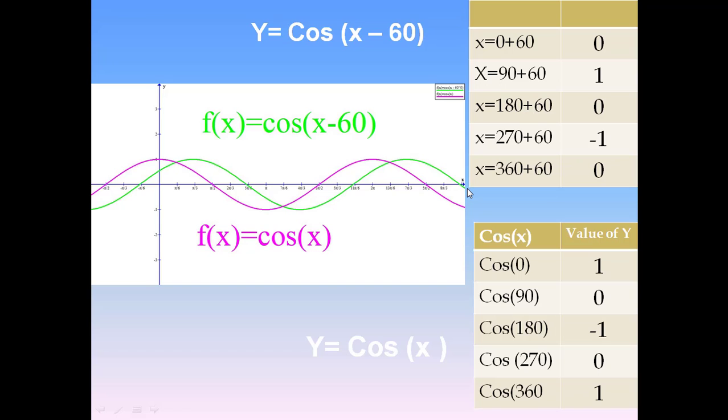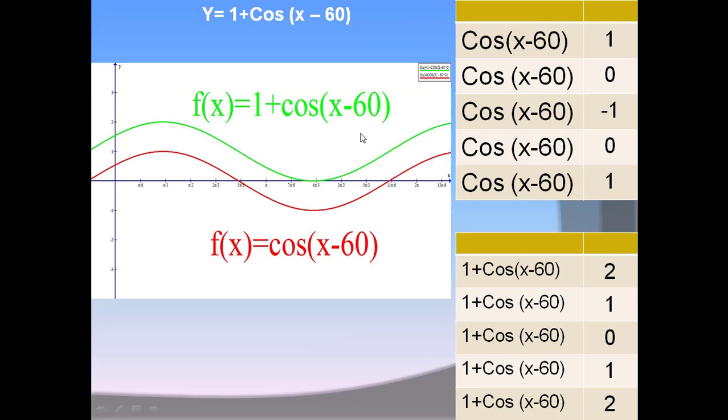If you already know how to draw cos (x minus 60), you must know how to draw 1 plus cos (x minus 60). Okay, this is the cos (x minus 60). Start from here. Because we start from cos (x minus 60), we just lift up, shift up, to draw 1 plus cos (x minus 60). So after you shift up 1 point, you shift up 1 point, you shift up 1 point, etc. So you got the answer.